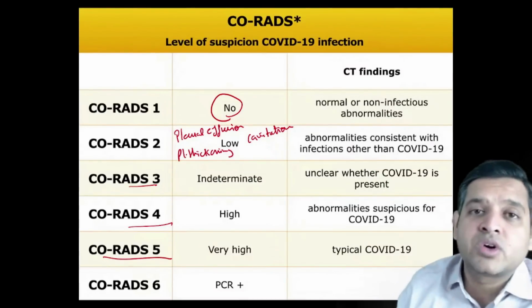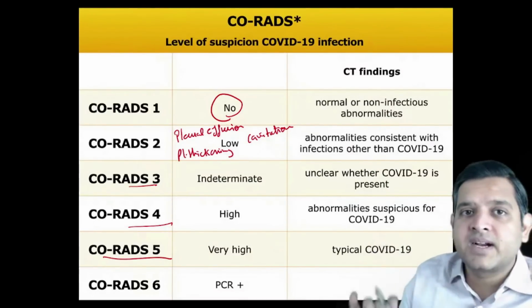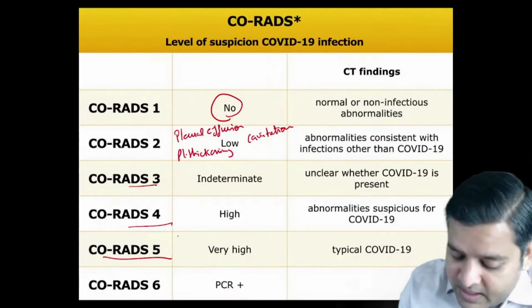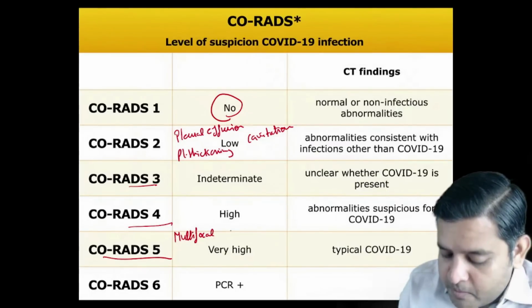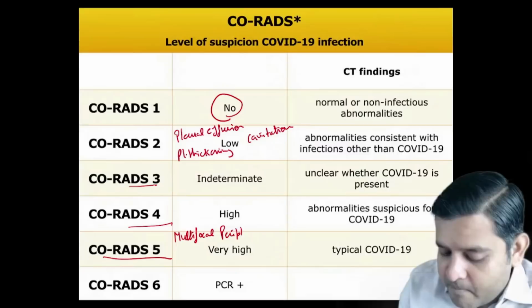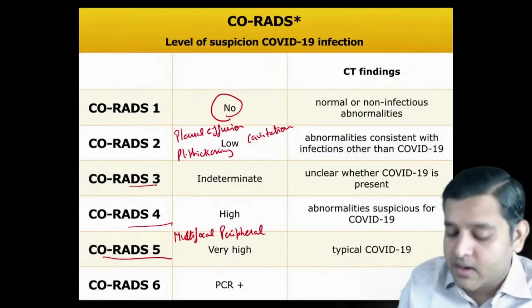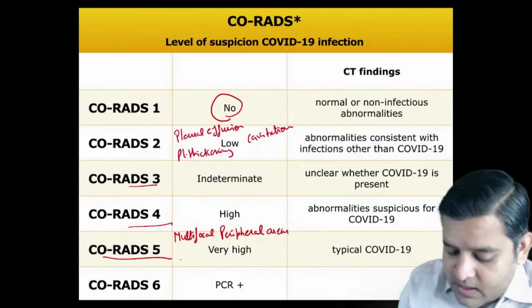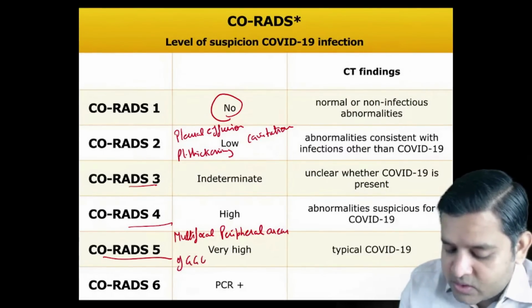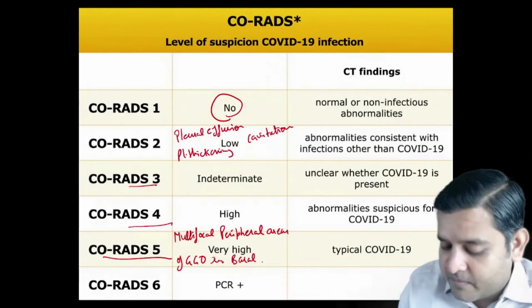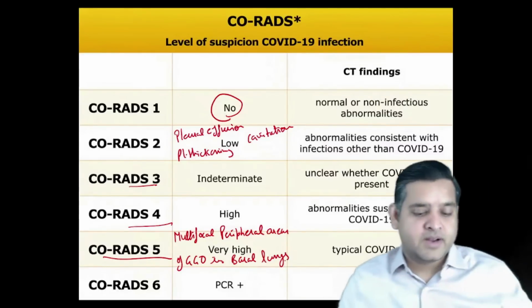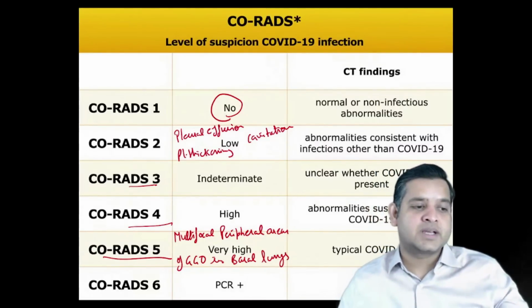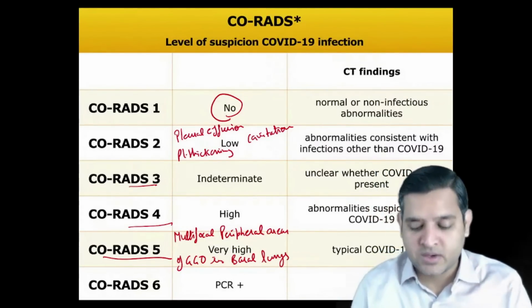And this is also something that I want you to remember. What is a typical finding of COVID on the CT is multifocal peripheral areas of ground glass opacities in the basal part of the lung.